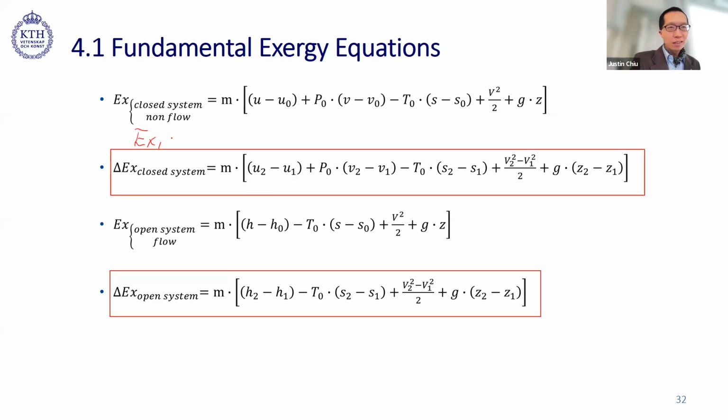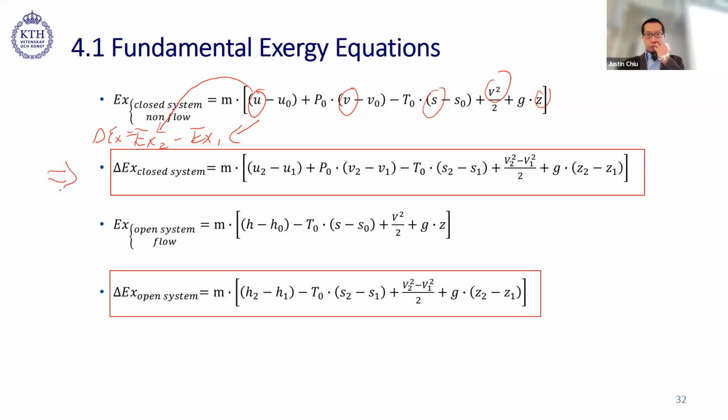Exergy 2 minus Exergy 1, this is the delta Exergy, right? So if you replace all this by U1, V1, S1, big V1, big ζ1, and you put the whole thing here, and then replace U, V, S, big V, and ζ by state 2, then you get to this equation.